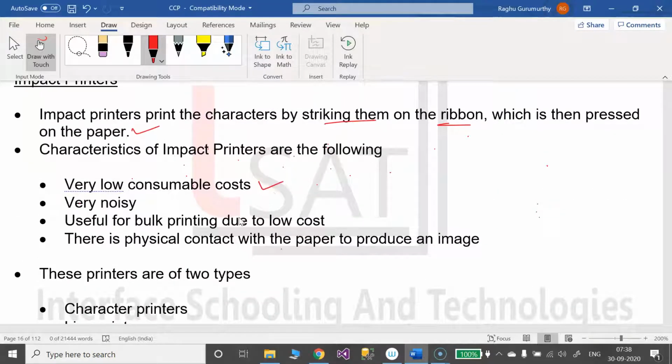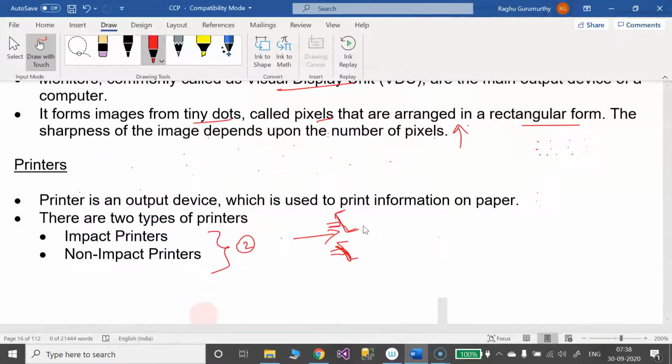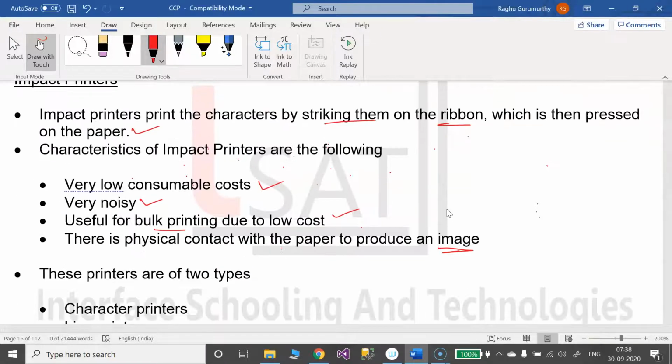Consumable cost is very low, very noisy, of course, taka-tak, taka-tak. Then useful for bulk printing due to low cost. So it is used for bulk printing due to its low cost. It makes physical contact with the paper to produce an image. Yes, this is what we discussed here. Physical contact.